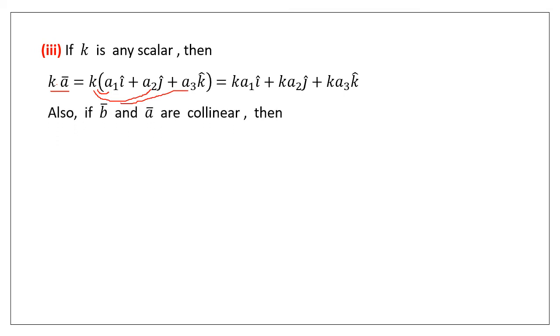Also, student, if b bar and a bar are collinear vectors, collinear means they lie along the same line, then b1 upon a1 equals b2 upon a2 equals b3 upon a3 equals k, means this ratio equals k.